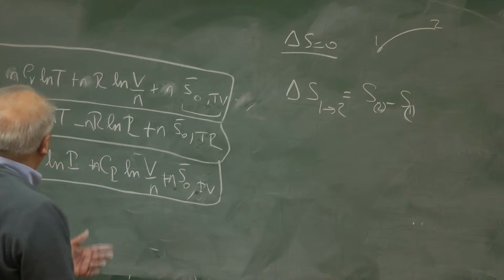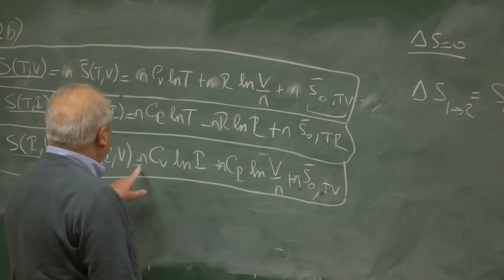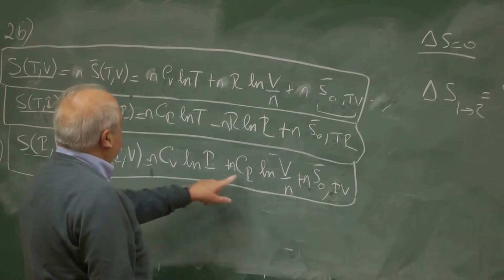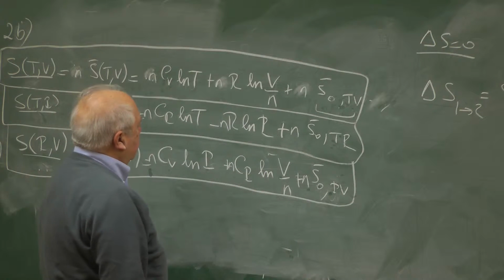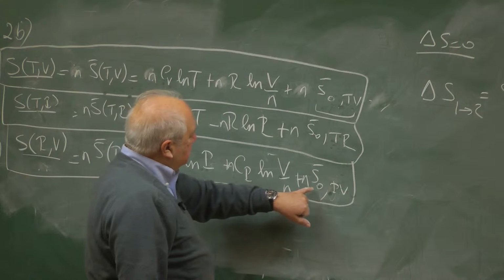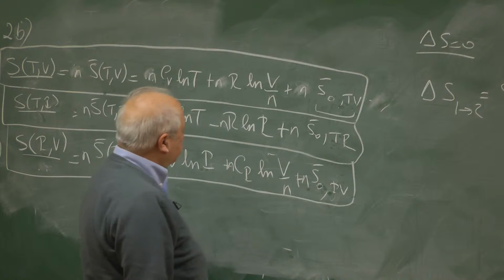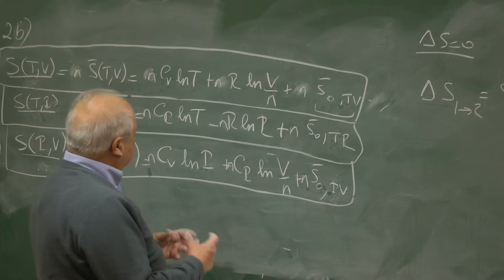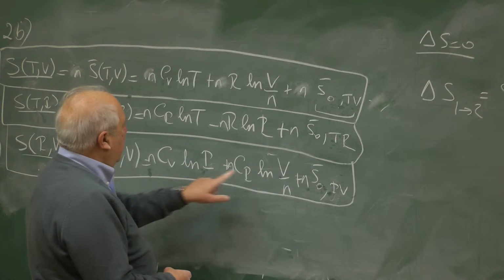So for 2 you write N is the same. We are looking at the same gas. It's the same CV, CP. So it is P2, V2 and P1, V1. As you see, this will drop out. But the variable, when you make the change, what is changing is P and V.